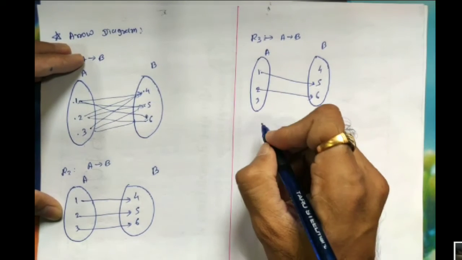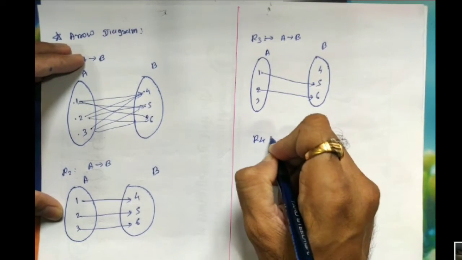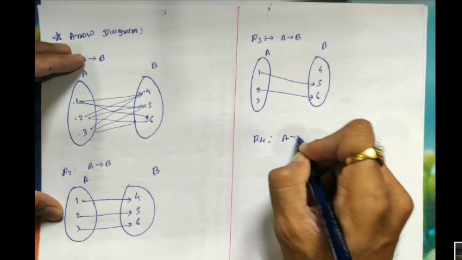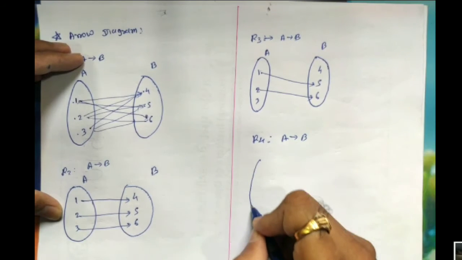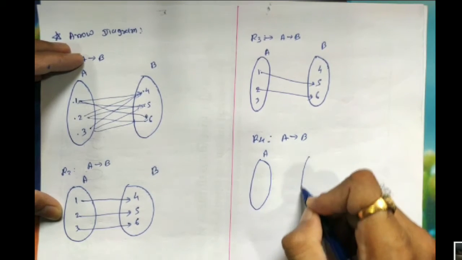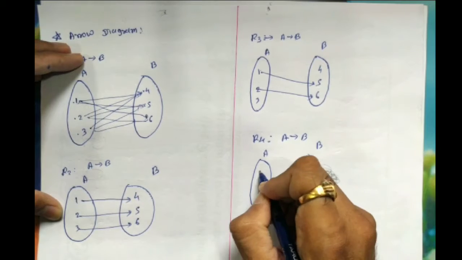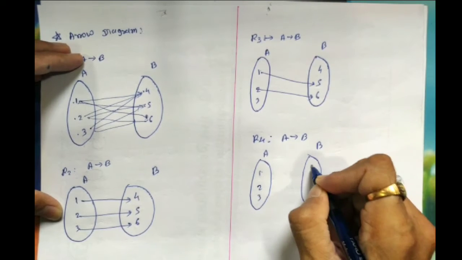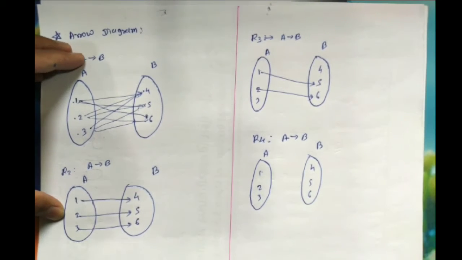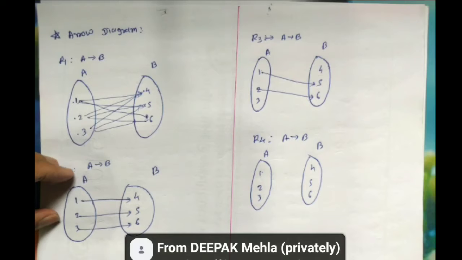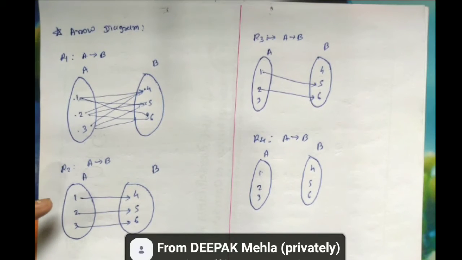And for relation R4, no element of set A is related to B, so just leave it like that, there is no relation. Clear? So this is the third method.